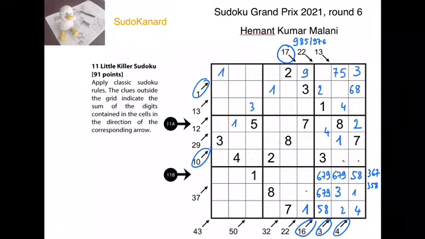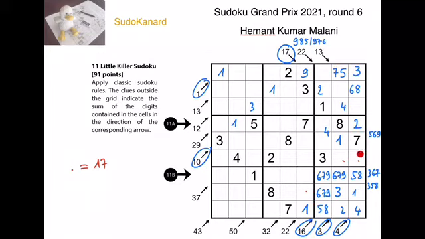So 17 here. I just recall that the red dots have a sum of 17. Let's just ponder the possible digits here. It's not 4, so the remaining options are 5, 6, and 9. And we need 17.